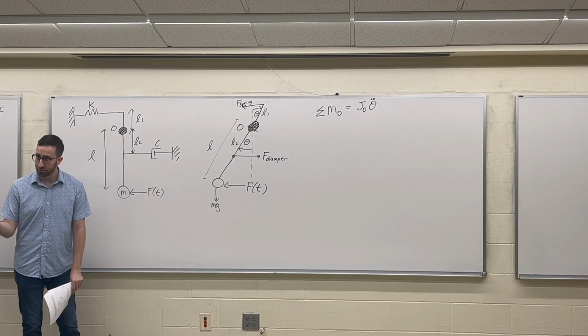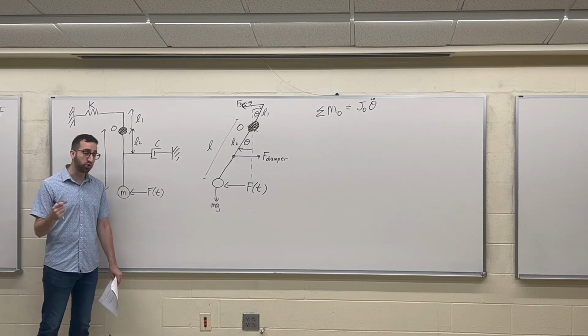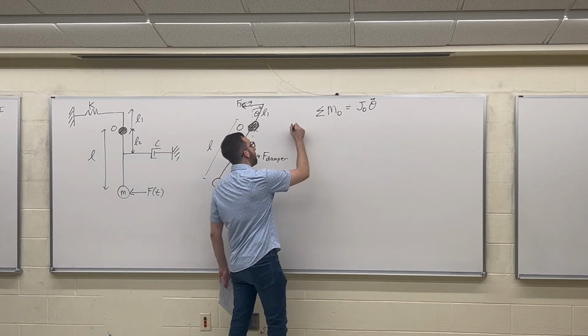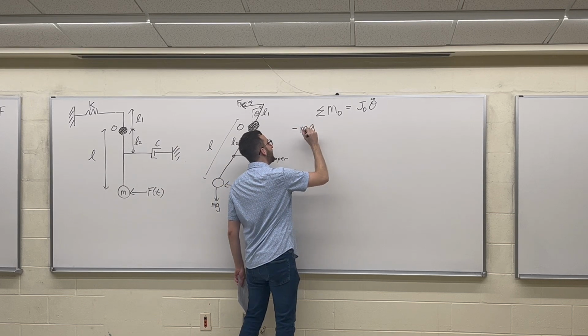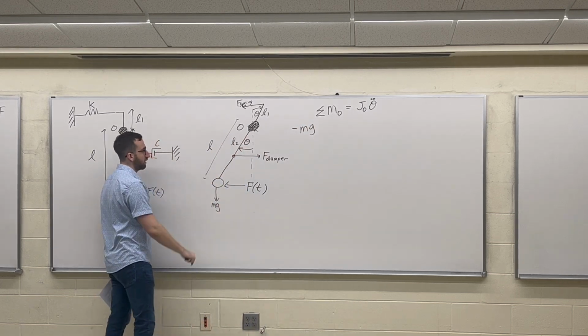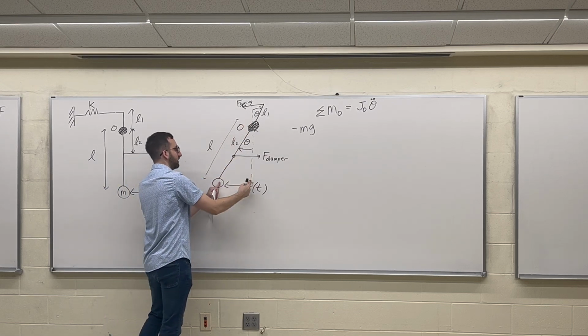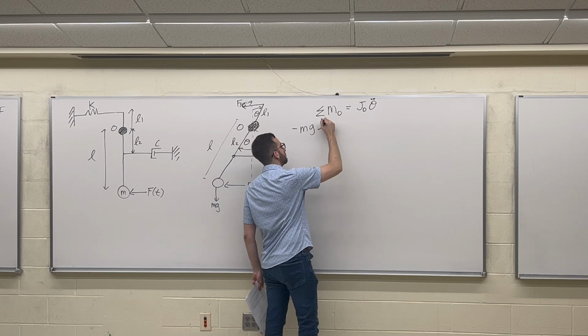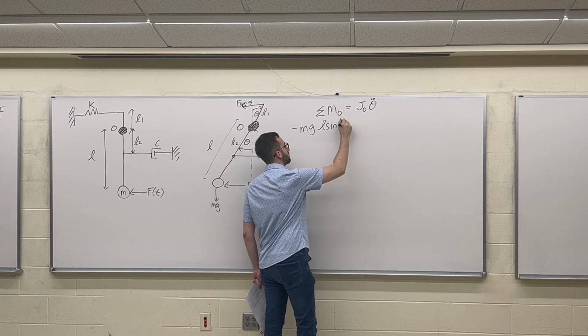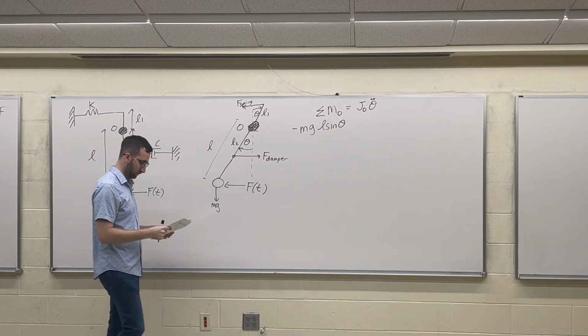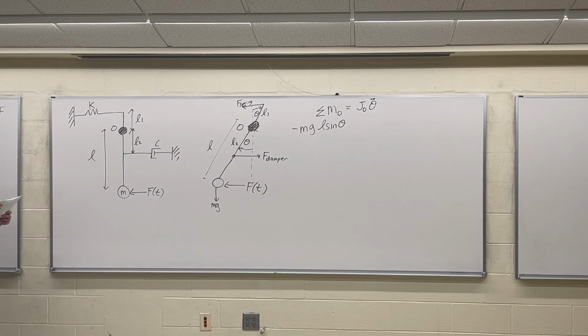Negative. It's trying to limit the motion. So this would be minus mg, that's the force, times the moment arm, which we said is L, this giant L, sine of theta.